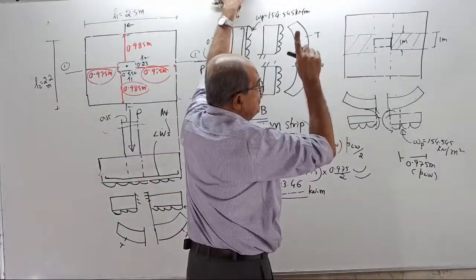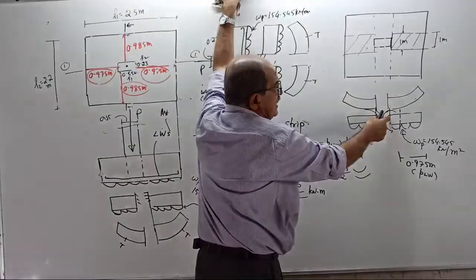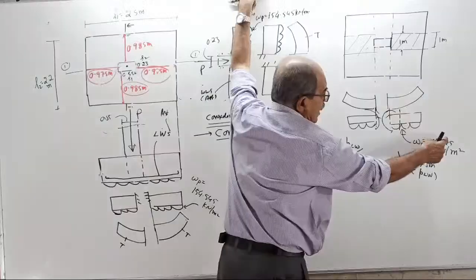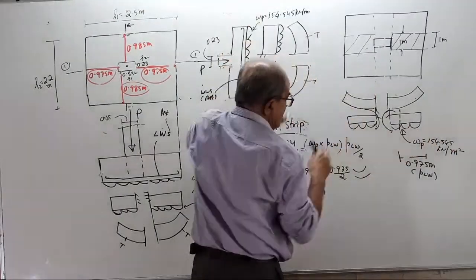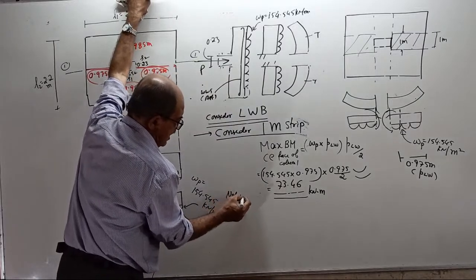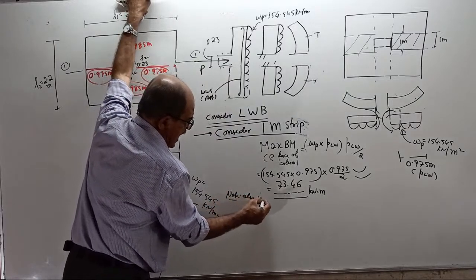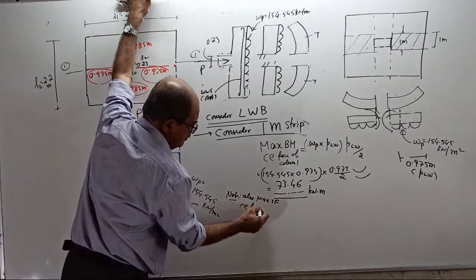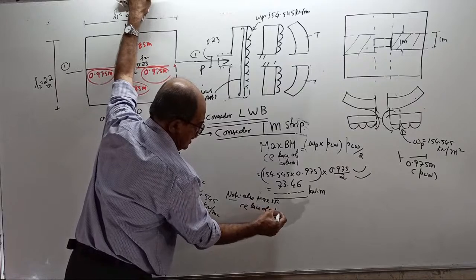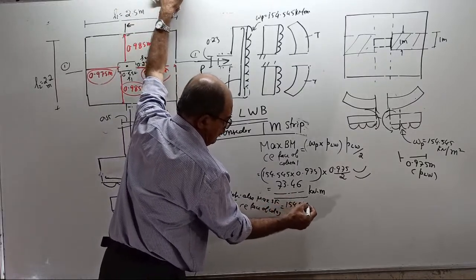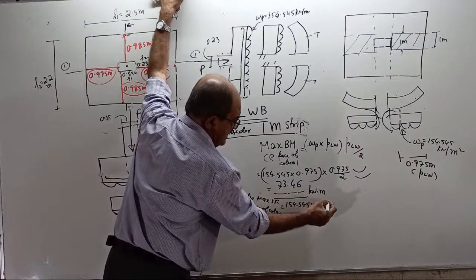But at that time, if I consider here, shear force will come 154.545 into 0.975. I will make a note here. See, also the maximum shear force, that also at the face of the column, equal to 154.545 into 0.975.